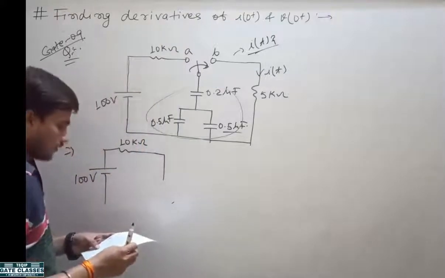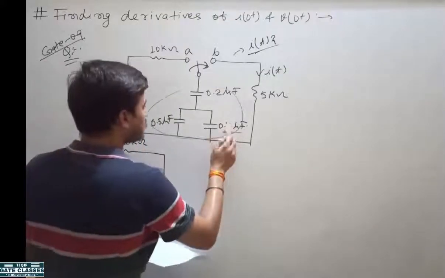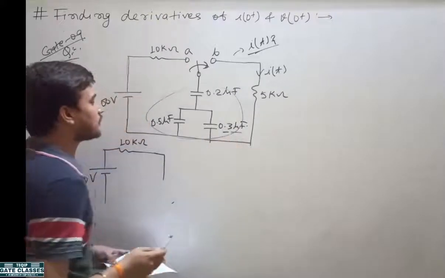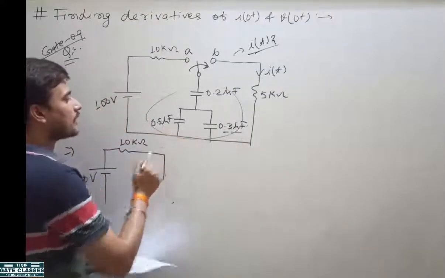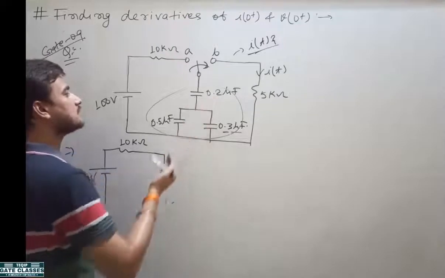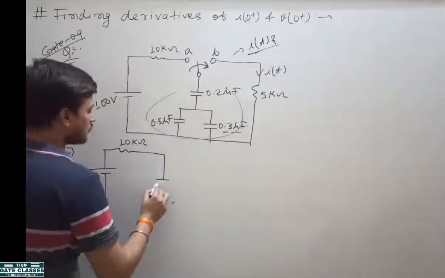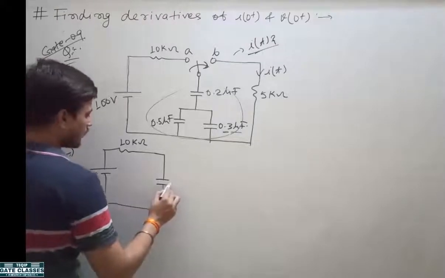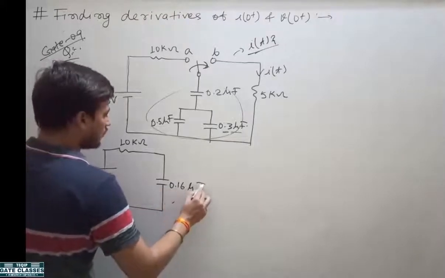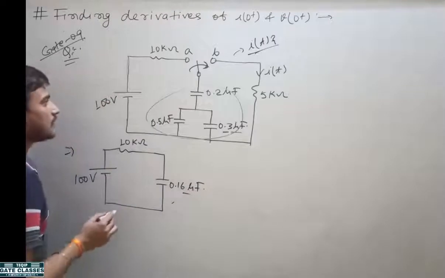Clear? Here it is 0.5 and here it is 0.3, so it will be 0.8 microfarad. Again it will be in series with 0.2 microfarad. Its final capacitance will be 0.16 microfarad.